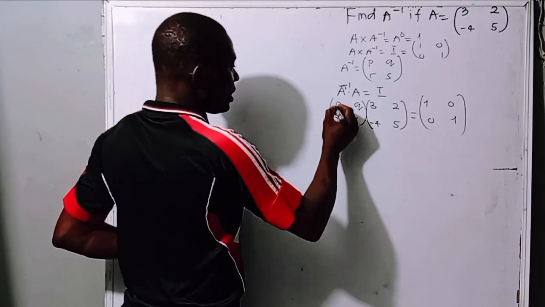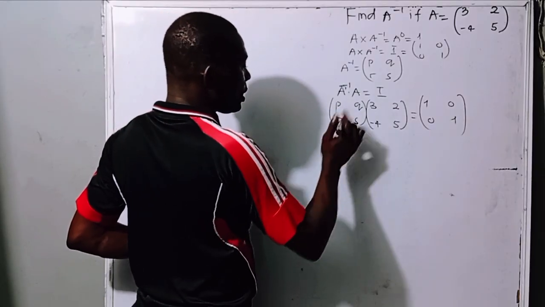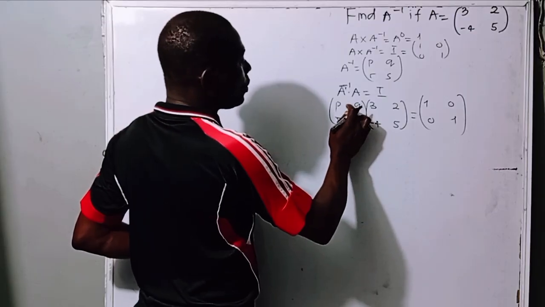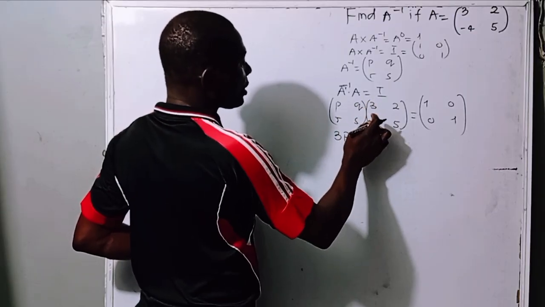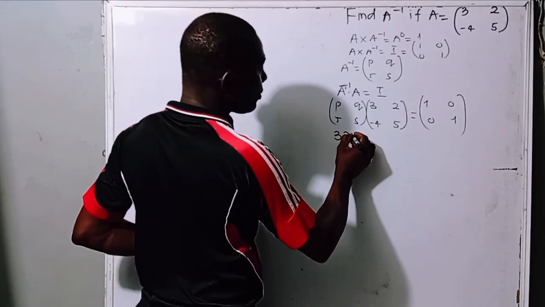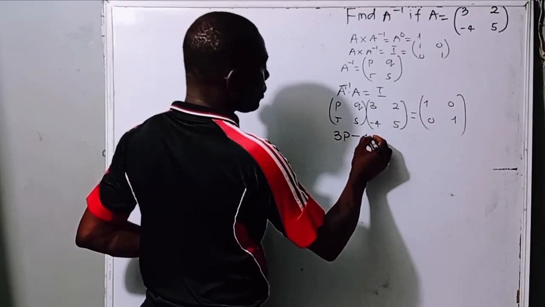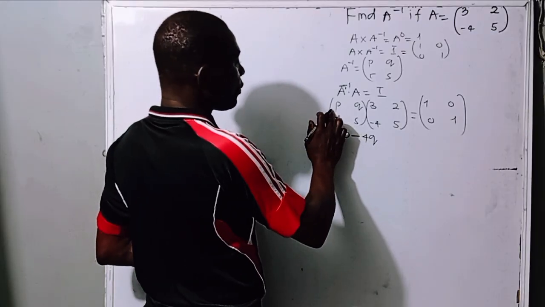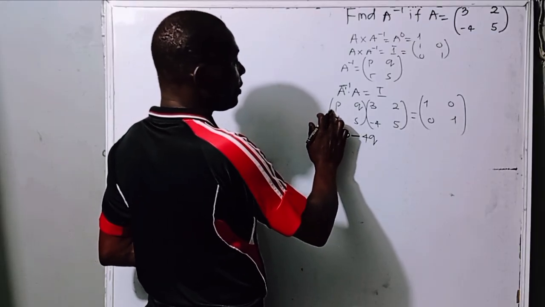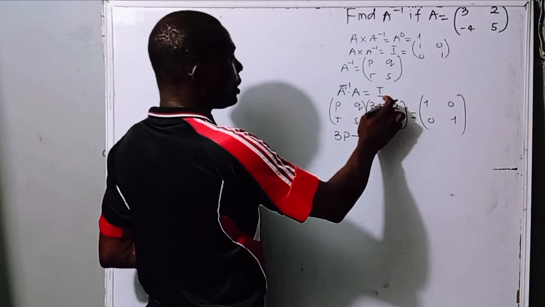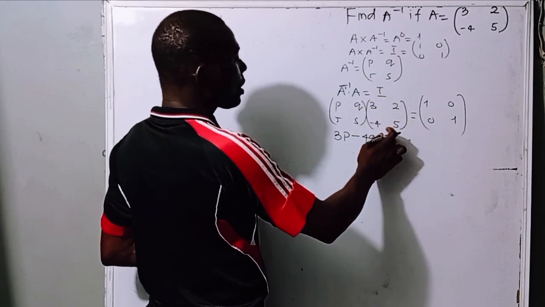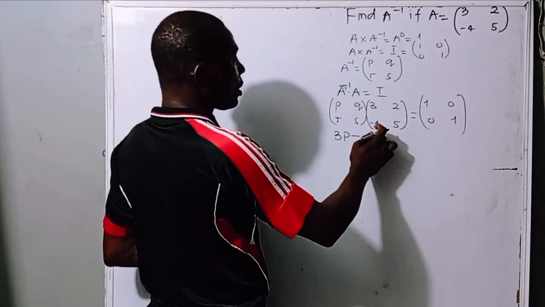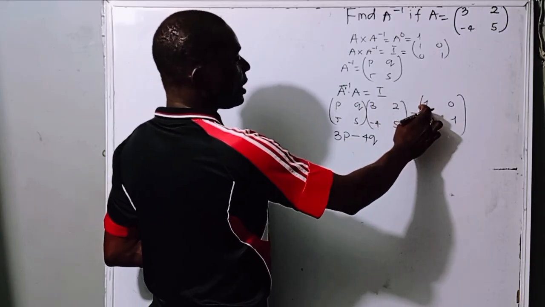So here, P times 3 gives 3P, then Q times minus 4 gives negative 4Q, because plus minus is negative. Remember when I say PQ multiplies the first column here, the corresponding result here is equal to 1.